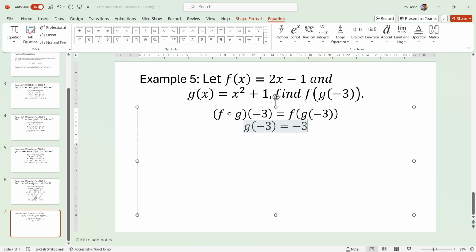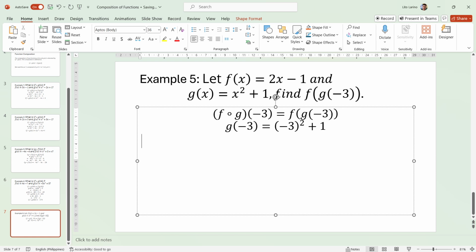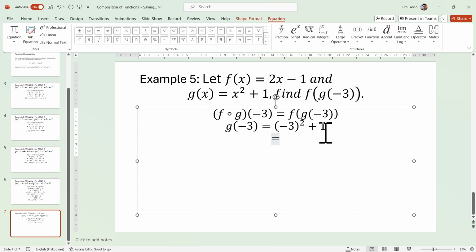It would be better if you put it enclosed in parentheses, negative 3 squared, and then plus 1. Again, this expression, evaluating g of x at x equals negative 3, we have negative 3 squared is 9 plus 1 is equal to 10. Therefore, g of negative 3 is equal to 10.